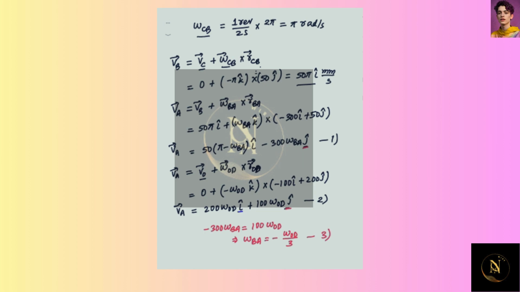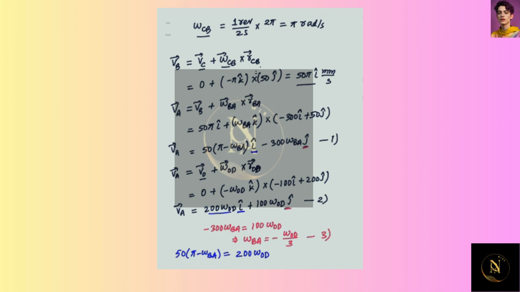Now we can equate the i cap components in both equations 1 and 2 to get 50 pi minus omega BA equals 200 omega OD.